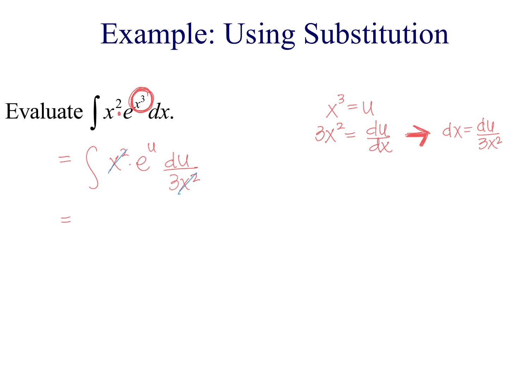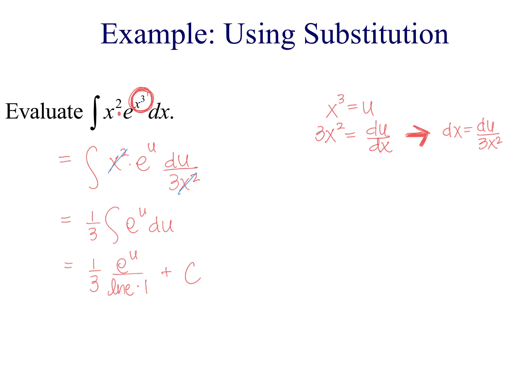And we're left with the constant 3 in the denominator, which means I can pull a 1/3 out of the integral. Once we've pulled a 1/3 out of the integral, then we can work on finding the antiderivative. And the antiderivative of e to the u is e to the u divided by ln e, which is divided by 1.